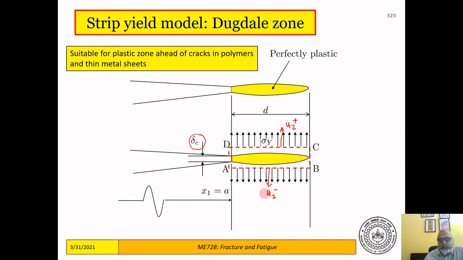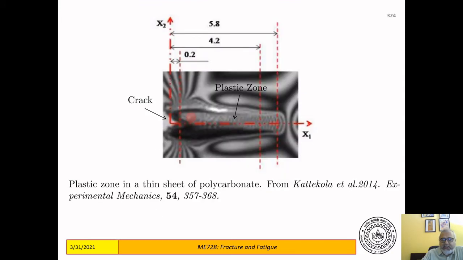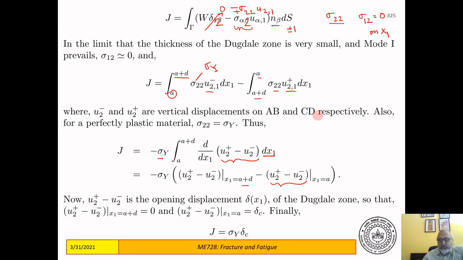We did not see the opening up of the crack tip in the elastic case, but in the plastic case, this has to happen if the Dugdale zone has to form. So let's say this opening is delta c, and then we can use that fact to realize that this is your delta c, and therefore J becomes sigma y delta c.